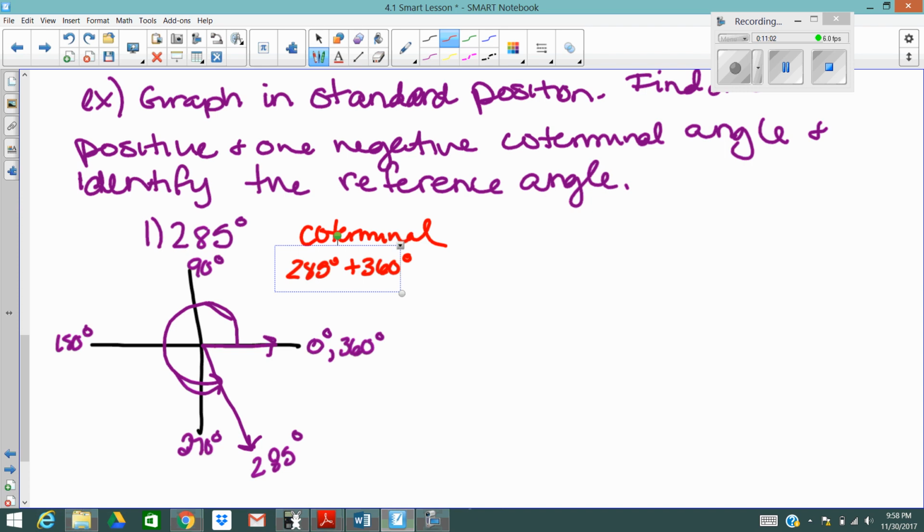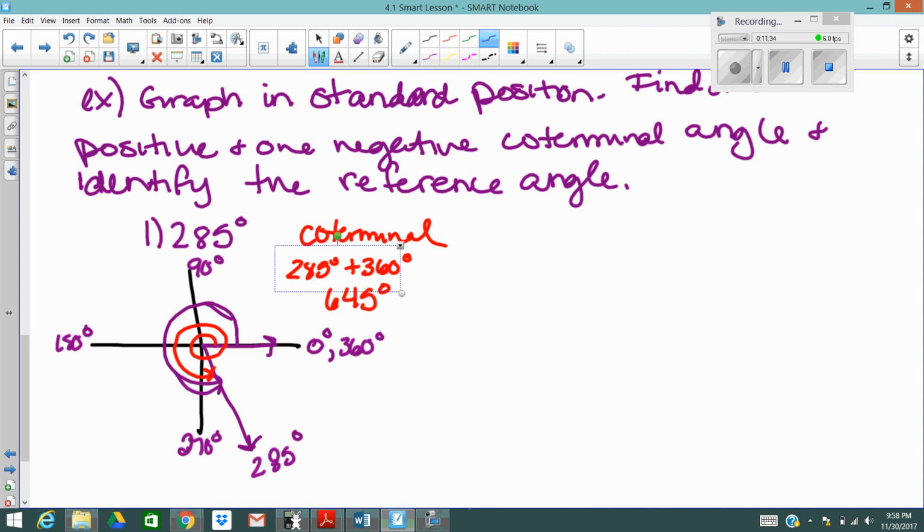It should have been 360. So 285 plus 360 degrees gives us 645 degrees. So that would be this angle here, going around 360 degrees and then spinning to 285 more, so a total of 645 degrees.